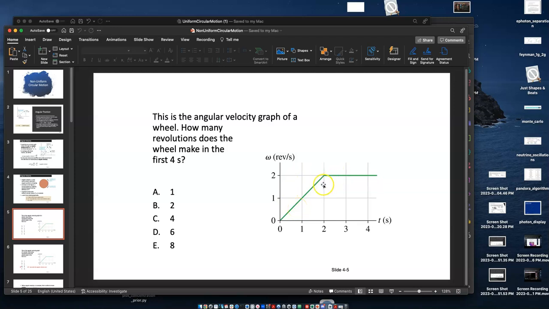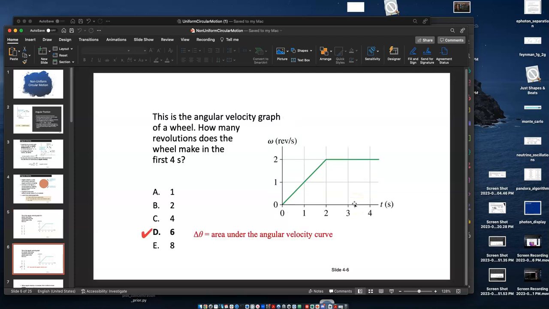We can do 1/2 square plus 1/2 square plus 1 square, 2 squares for the time when we're accelerating, and then 4 more squares. These squares are 1 by 1, giving us 6 revolutions. Because our unit over here is revolution per second, every square is 1 revolution. So it's 1 revolution per second times 1 second.